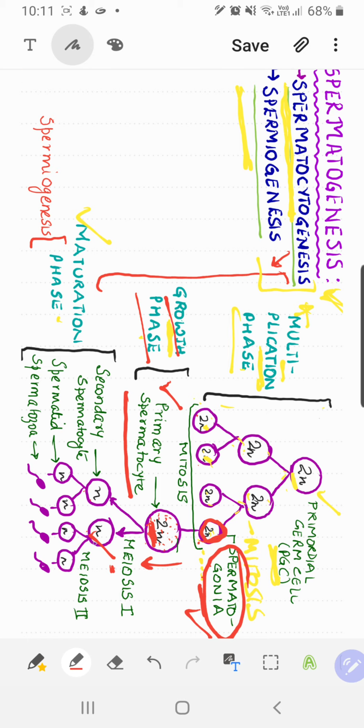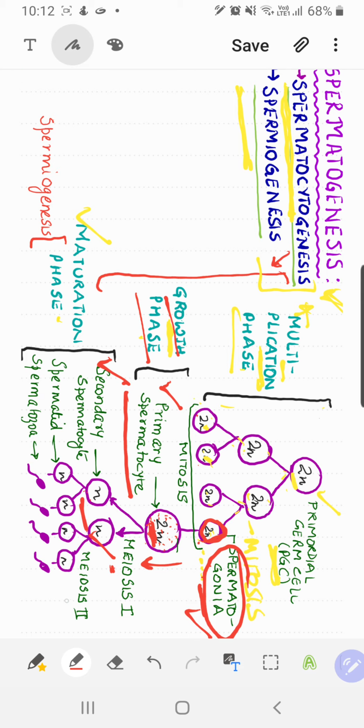Okay, children. Then this stage, now since meiosis 1 has already occurred, you cannot call it primary spermatocyte anymore. Now this is something superior. You will be calling it secondary spermatocyte. After meiosis 1, the stage that you have is secondary spermatocyte.